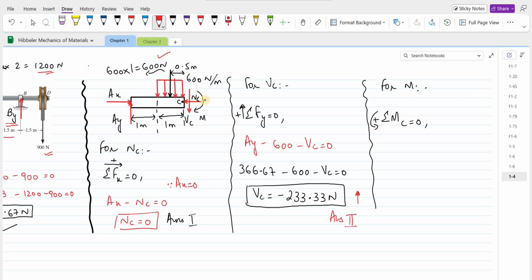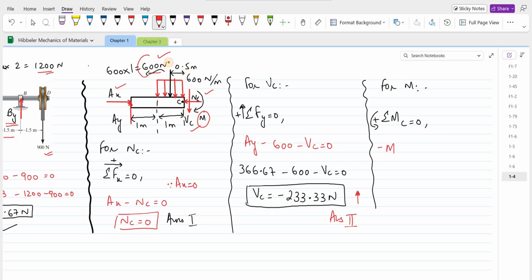Since the line of action of NC, VC, and the support reaction AX is passing through the point C, these three forces do not have any moment with respect to the point C. So NC, VC, and AX will not produce any moment about the point C. But we have to consider this internal moment, which is clockwise, so we would take it as negative. So we have negative M.